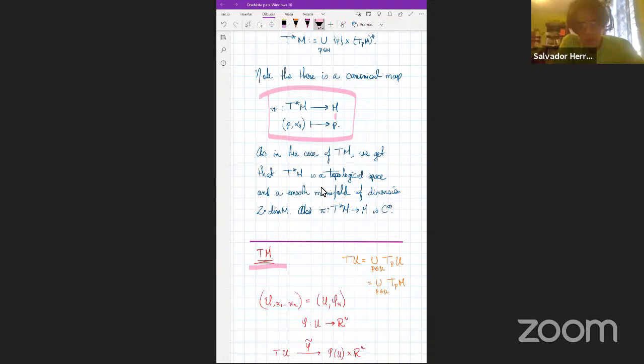The dual of the vector space at P. And that happens for any point.